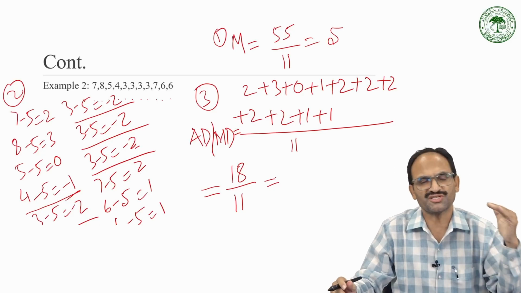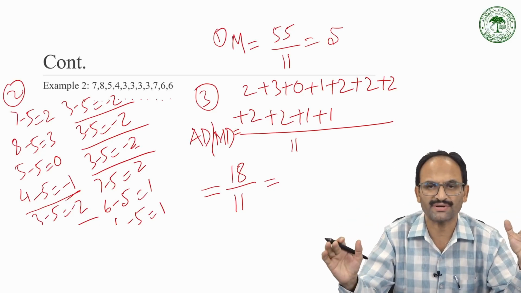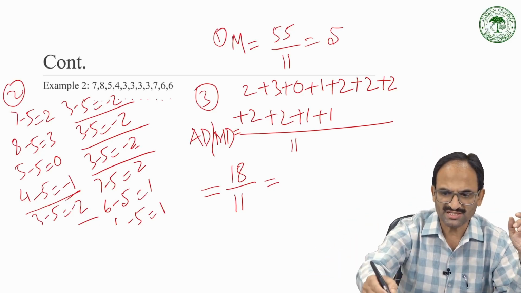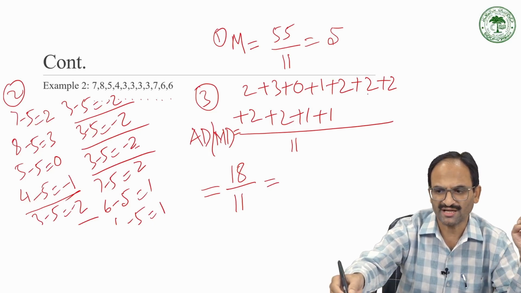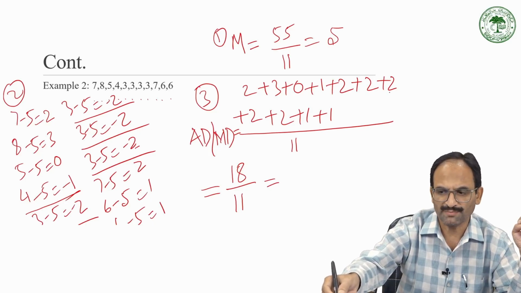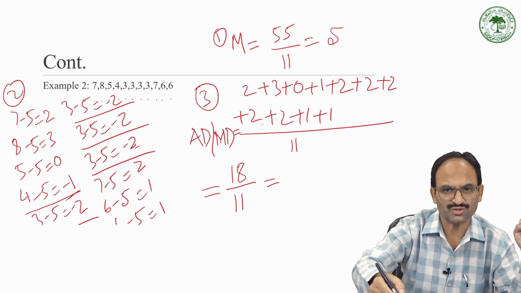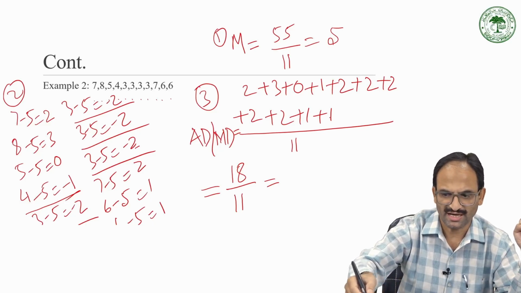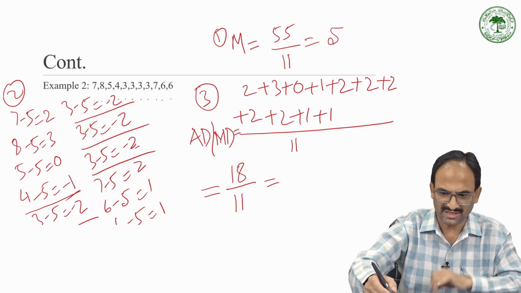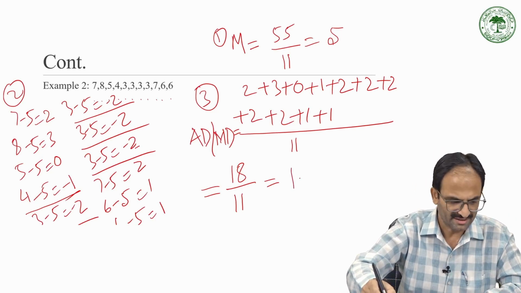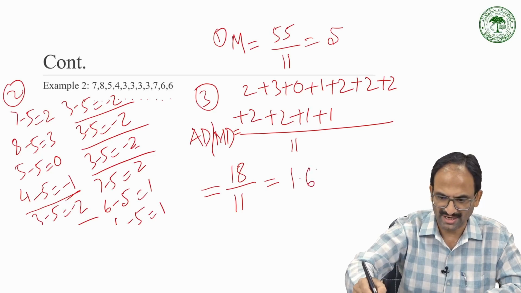Once more check whether you have got the sum rightly. So 2 plus 3, 5, 5 plus 1, 6, 6 plus 2, 8, 8 plus 2, 10, 10 plus 2, 12, 12 plus 2, 14, 14 plus 2, 16, plus 1, 17 and plus 1, 18. So 18 divided by 11, the moment you do the calculation, you will find that it is 1.63.